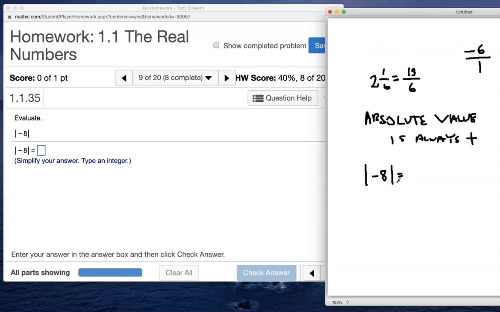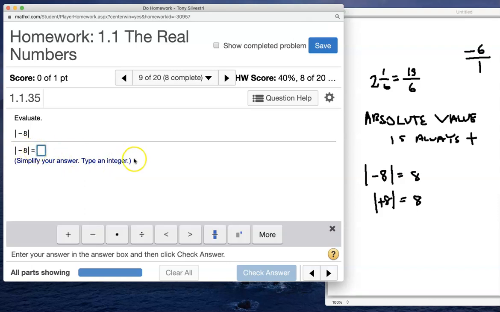Now, the absolute value strips the sign from the number that's inside it. So if I take the minus away, the value is 8. If I start off with 8, the absolute value of 8 is also 8. It's implied there's a plus there. I strip the sign. I throw away the plus. It's still plus. So understand, this is not the opposite. It strips the sign. That's the operation for the absolute value. It strips the sign. Always positive. Never negative.